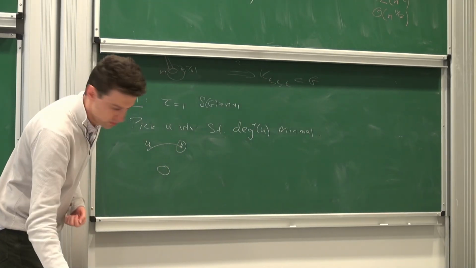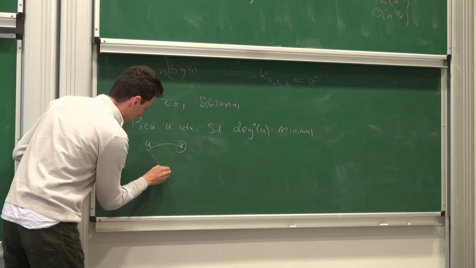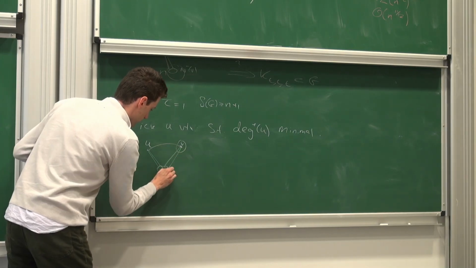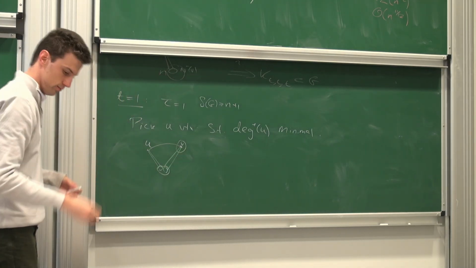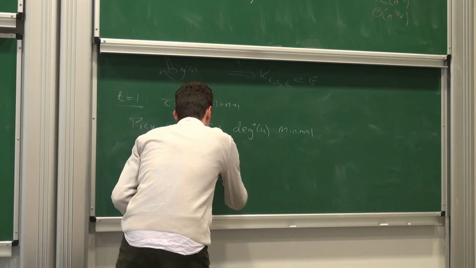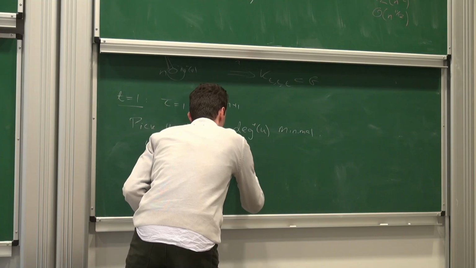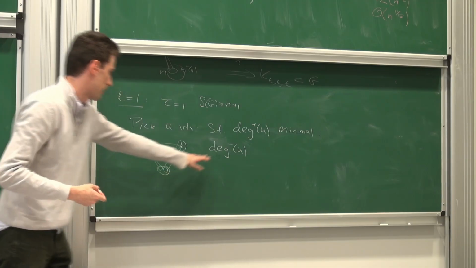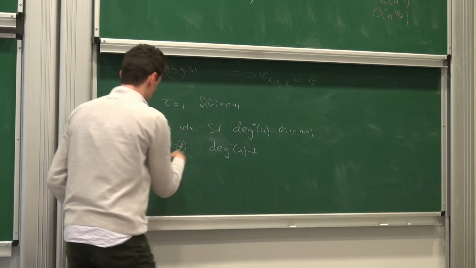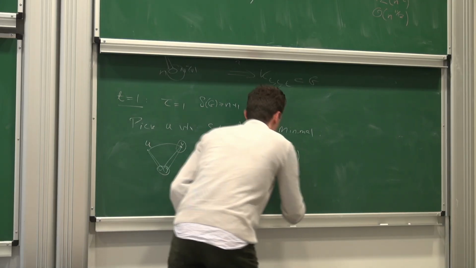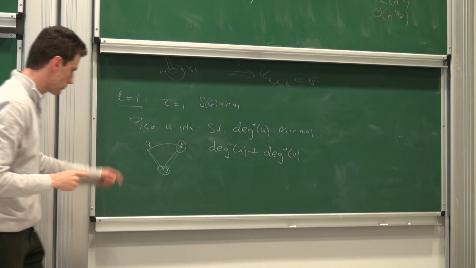And now let's think about the neighbours of U and V in the third part. So how many neighbours does U have here? U has its backward degree. Right? These are its backward neighbours. The number of neighbours it has is its backward degree. How many neighbours does V have here? Its forward degree.